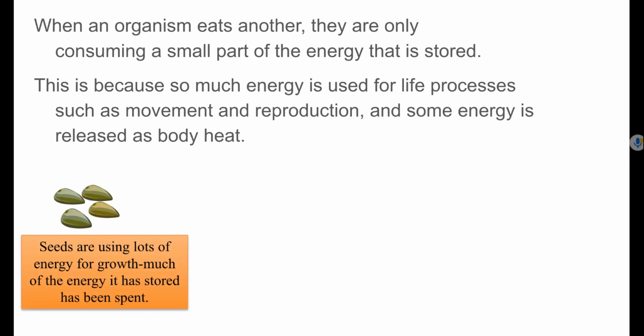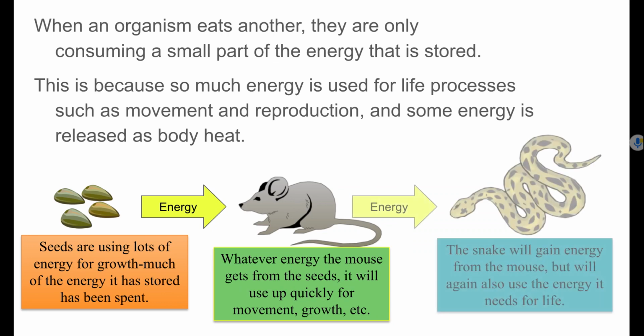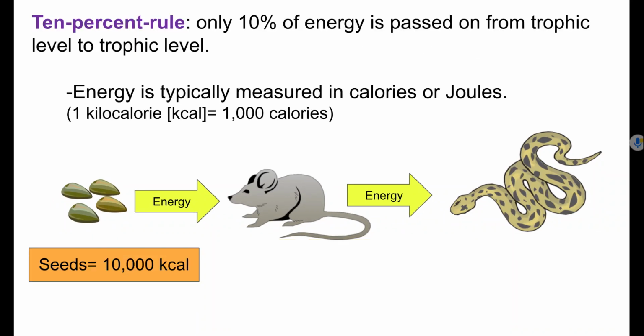For example, seeds are using lots of energy for growth, and much of the energy it has stored has been spent. Whatever energy the mouse gets from the seeds, it will use up quickly for movement and growth and reproduction. The snake will gain energy from the mouse, but will again use that energy it needs for life.